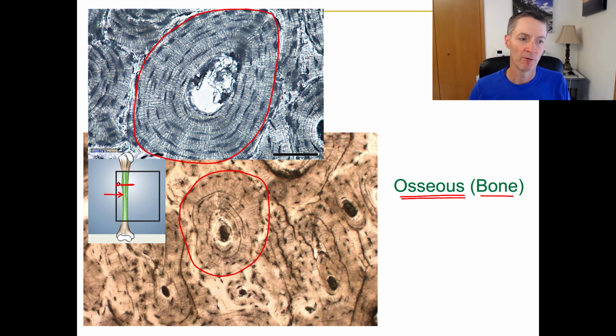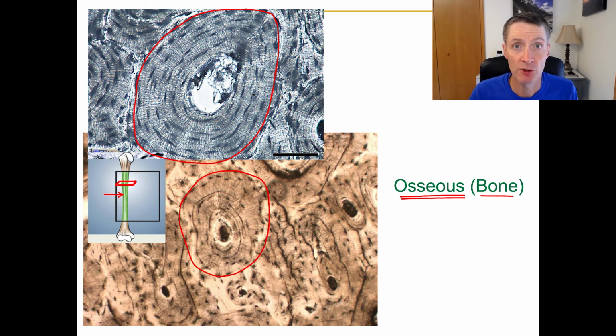If we were to follow these rings they would come out of the screen at you, right, and into your computer screen. So these are actually long columns, long cylinders that give strength to the shaft of your bone. Okay, and you can actually see the nuclei.